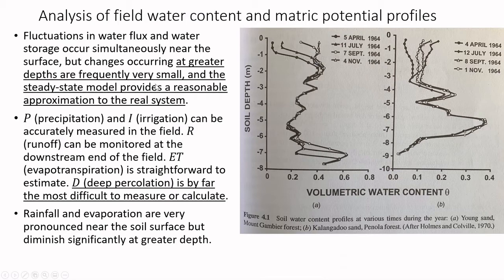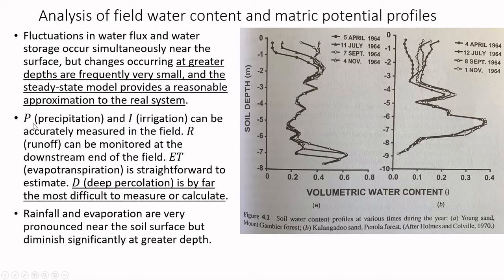If you go deeper, the changes at that depth are very small, and the steady state model provides a reasonable approximation to the real system. So if you have a steady state model, you can more or less approximate the soil moisture content at depths. That's what it means.